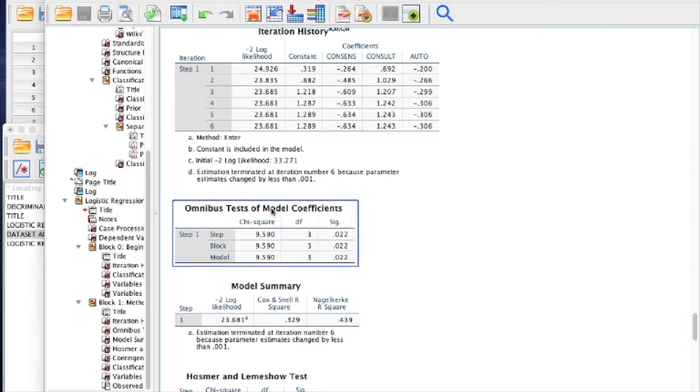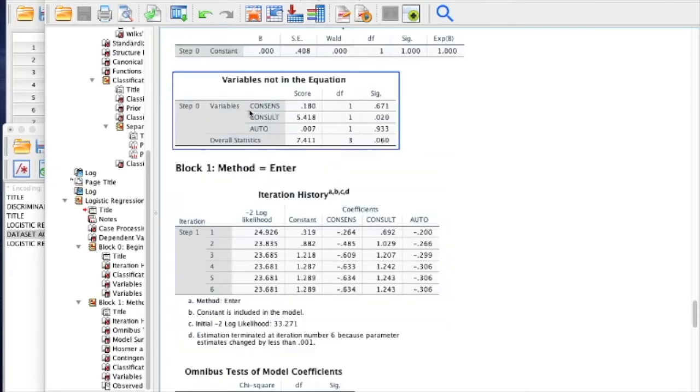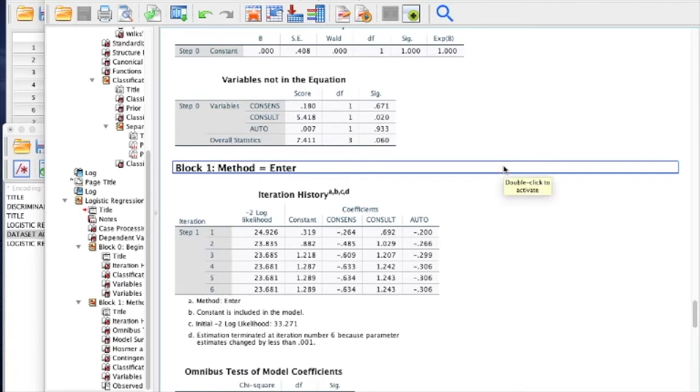So, omnibus test of all of these is significant. So we can say that by the addition of the leadership styles of consensus, consulting, and autocratic, we're able to significantly improve our predictions of whether someone's at the municipal or federal level better than chance.